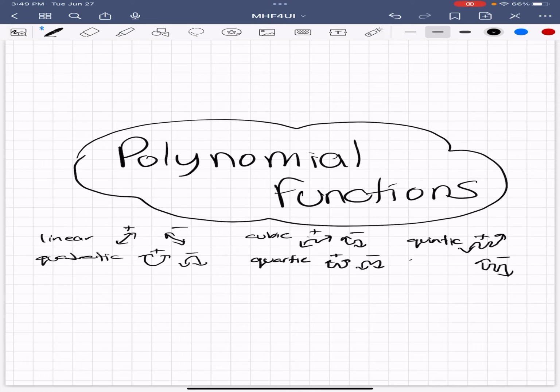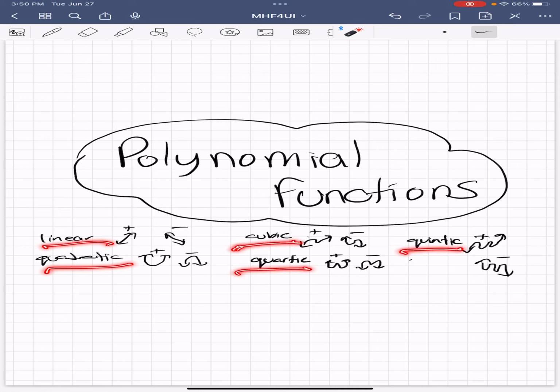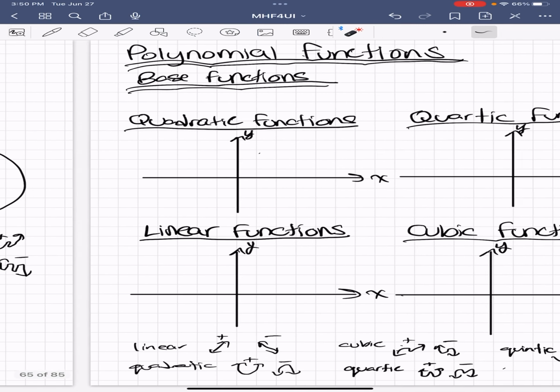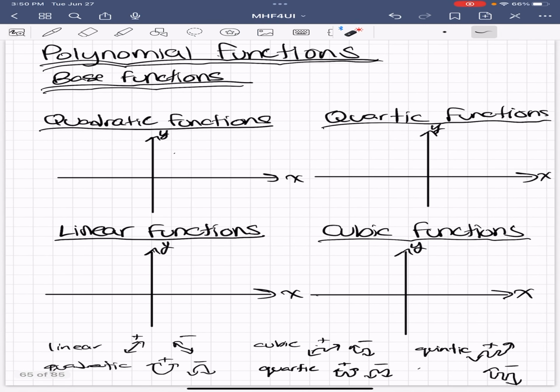So first up, it's polynomial functions. As you can see here, we have linear, quadratic, cubic, quartic, and quintic. They're just basic shapes.